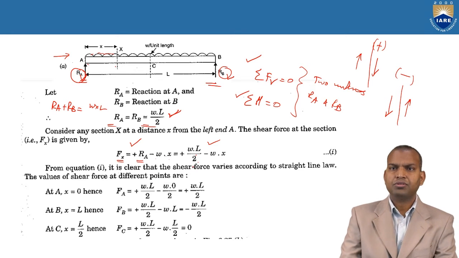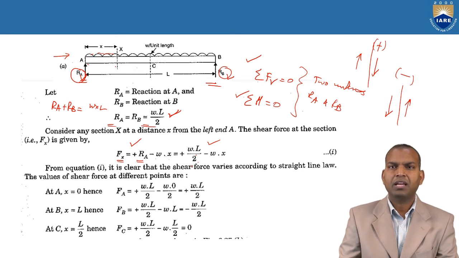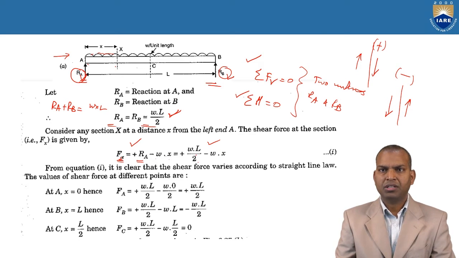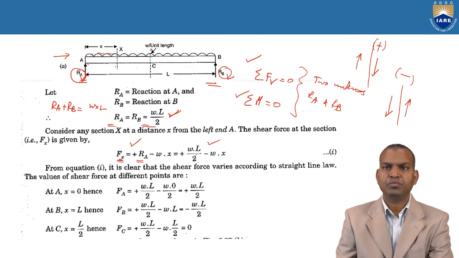Now we understood the variation at a distance x. Now if x equals some 0.5 meters, or x equals L by 2, that is the middle of the beam.